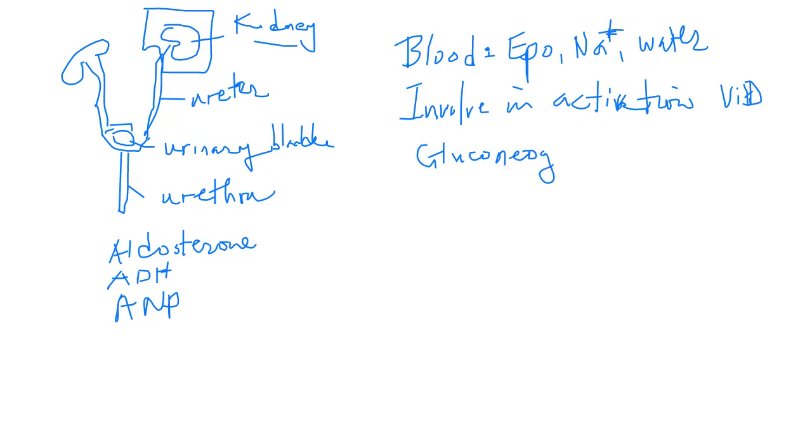Now, we saw that under anaerobic respiration, pyruvate can be converted to lactic acid, and in doing so it could oxidize NADH to NAD positive, and NAD positive is needed for glycolysis.